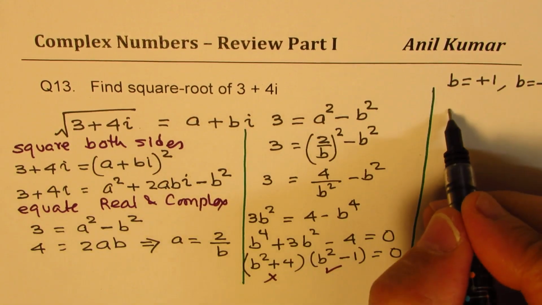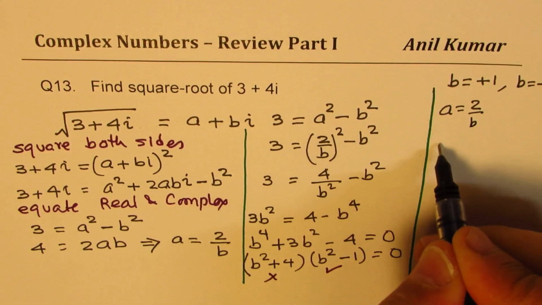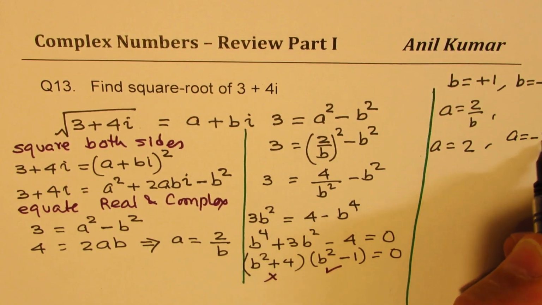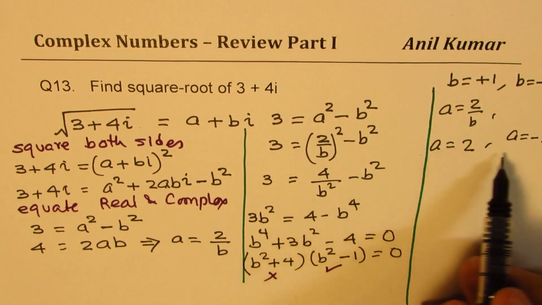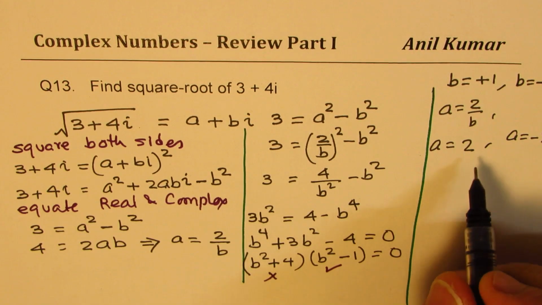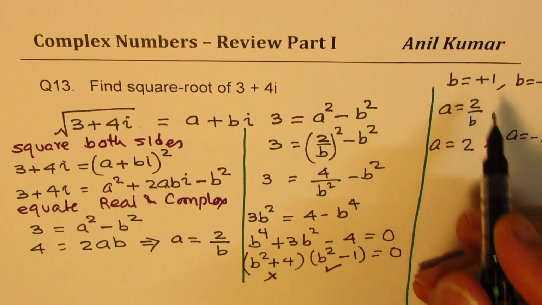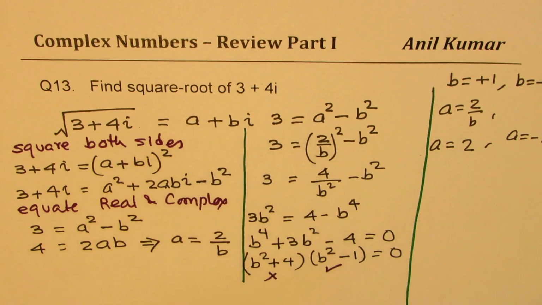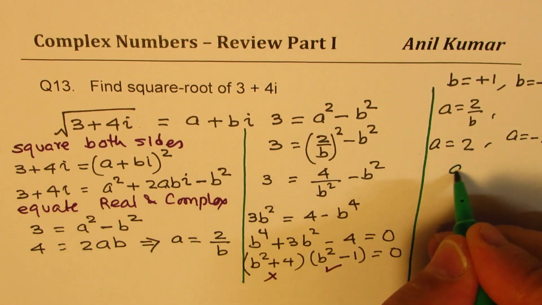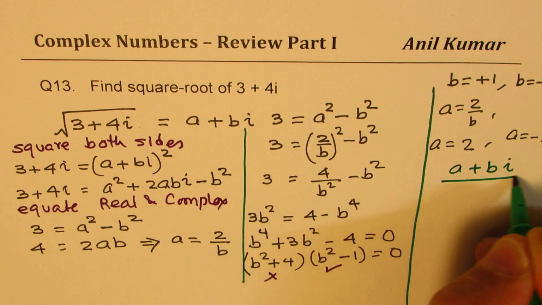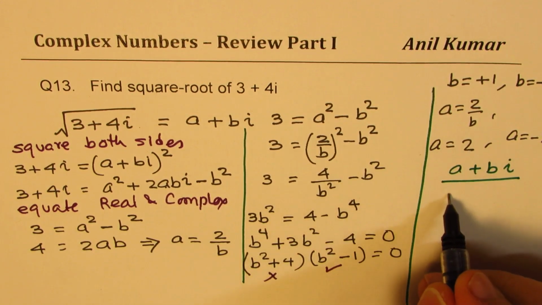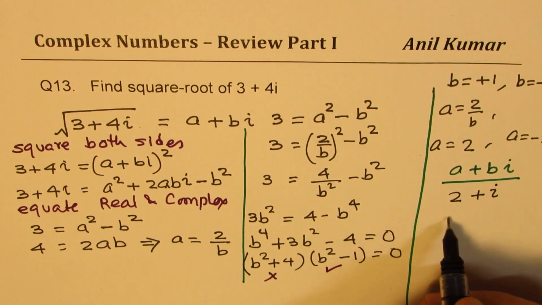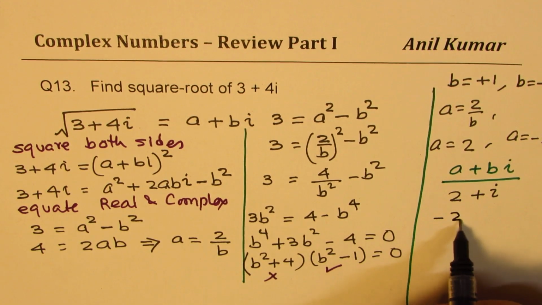Now since a is equal to 2 over b, we get a equals 2 or we get a equals minus 2. Correct? So we get a solution here: when b is plus 1, a is 2. So we are looking for a solution in the form a plus bi, right? So a is 2 when b is plus 1, so 2 plus i, or we get minus 2 minus i.